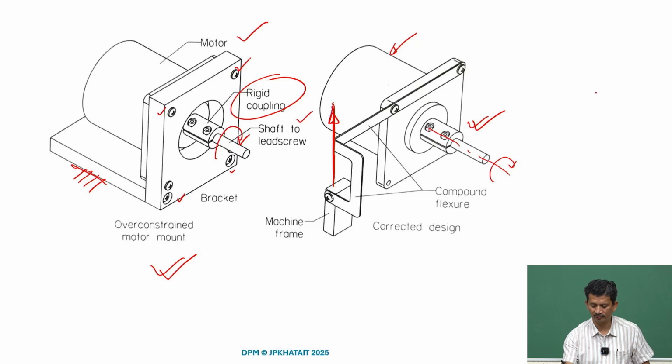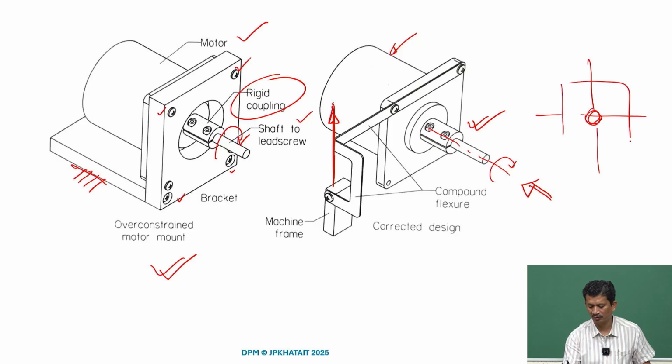Suppose I just look at it from this side. So this is the shaft, okay, this may be the motor, and it tries to rotate. If I just constrain the frame along this direction, it will provide the sufficient reaction torque, and then the motor should be able to turn the lead screw.